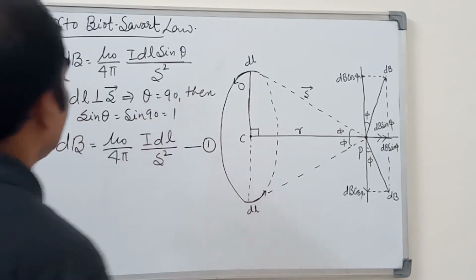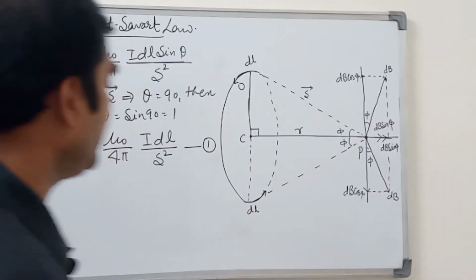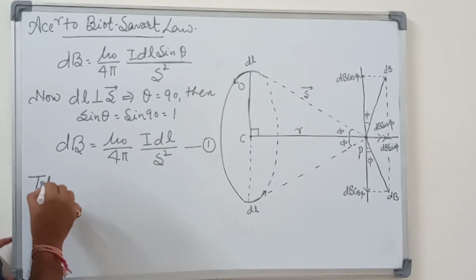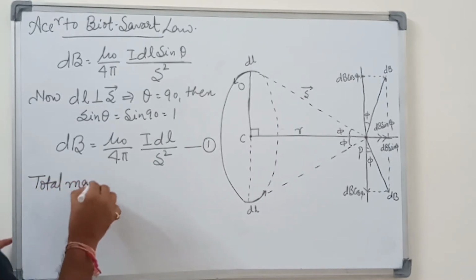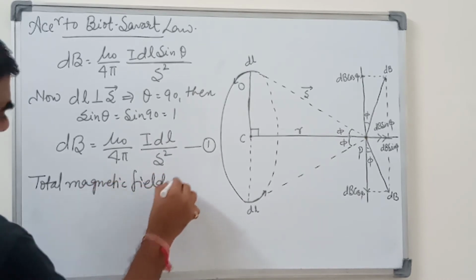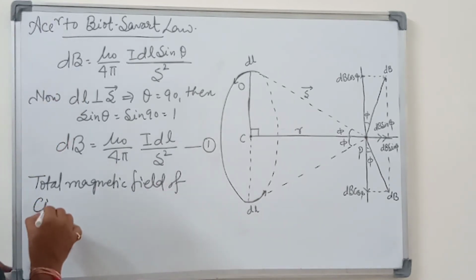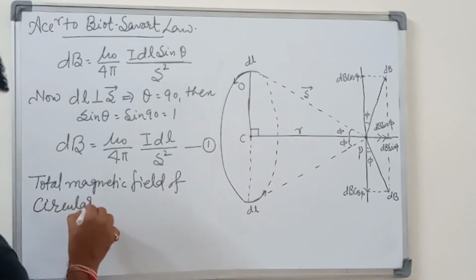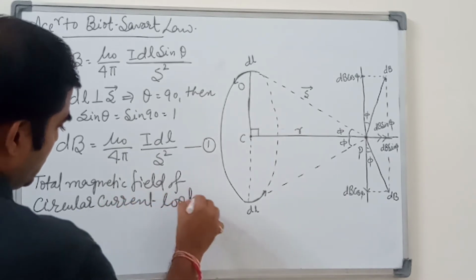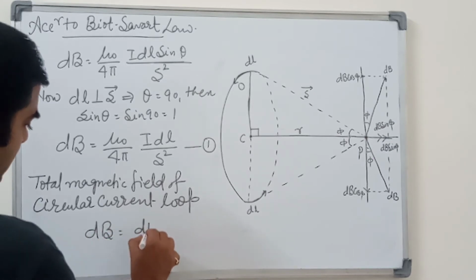Now, only for the one component dB sin phi, so the total magnetic field of the circular current loop is the integral of dB sin phi.